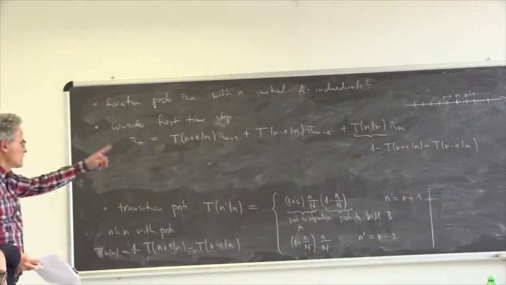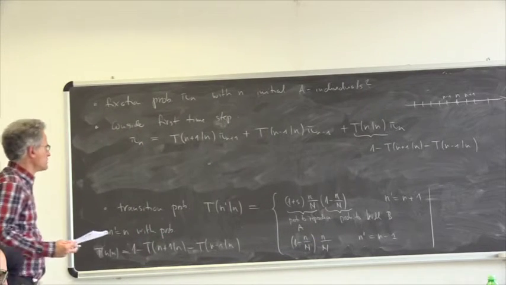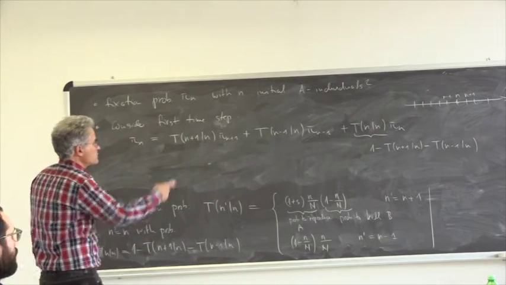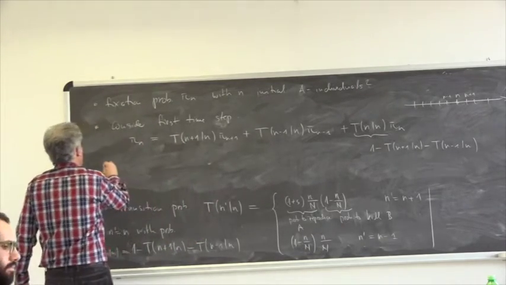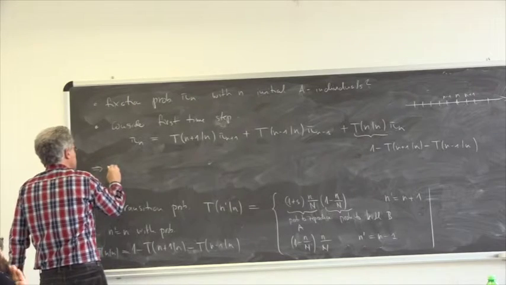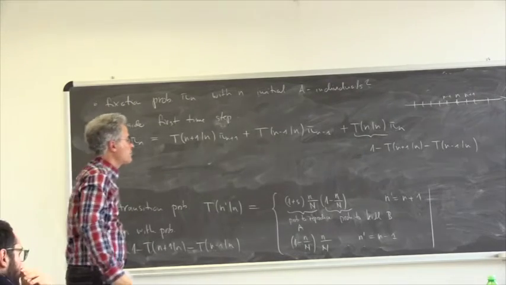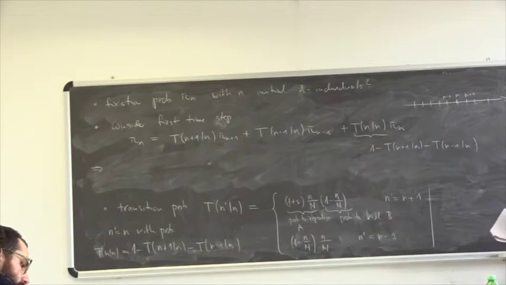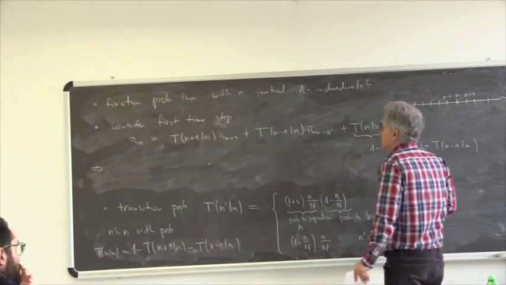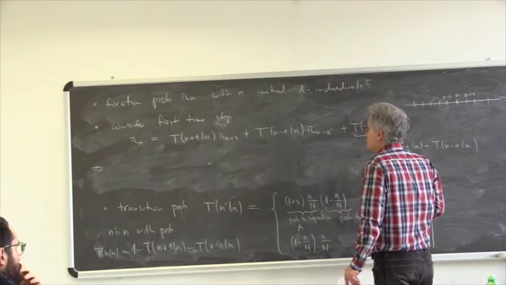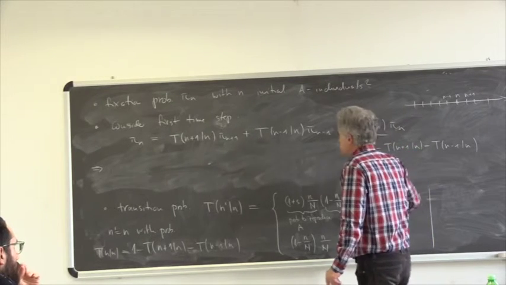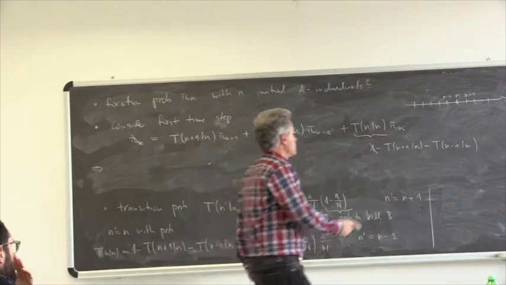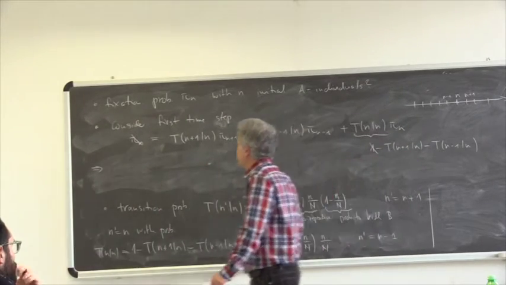And so now we can rewrite this in terms of pi n. So we collect, so we have one term here that is proportional to pi n. We could cancel this one against this term, and then we can take this part to the other side.